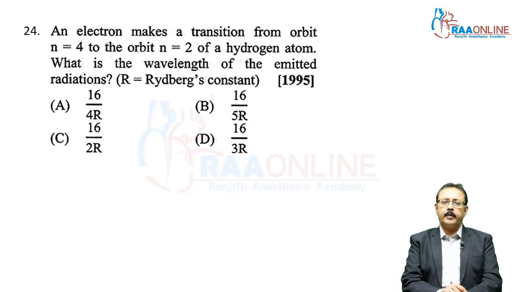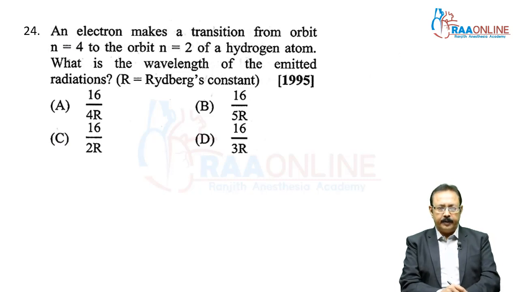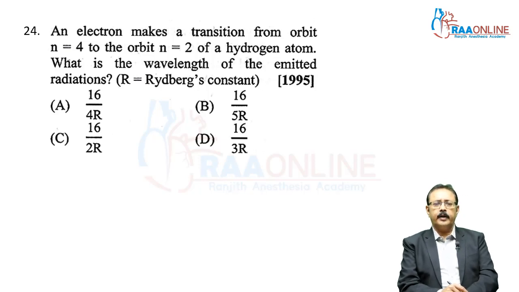Next, it is from 1995 AIPMT. An electron makes a transition from orbit n equals 4 to orbit n equals 2 of a hydrogen atom. What is the wavelength of the emitted radiation?